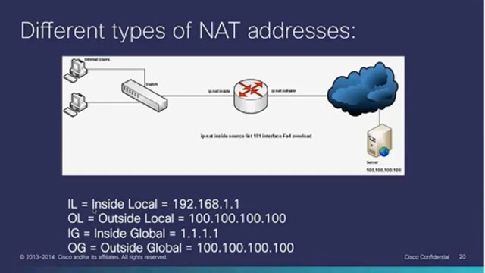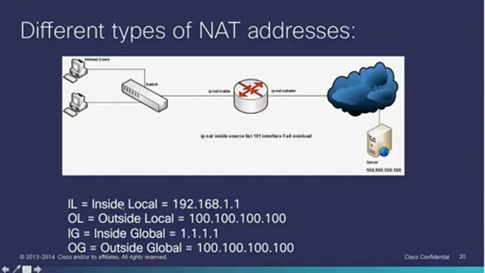Now, the key words here: there are two words that you see used multiple times. The inside, outside, and also local and global. So let's talk about what these are referring to. If you look at the router and draw a line right in the middle, I like to say that everything on the left is inside and everything on the right is outside.